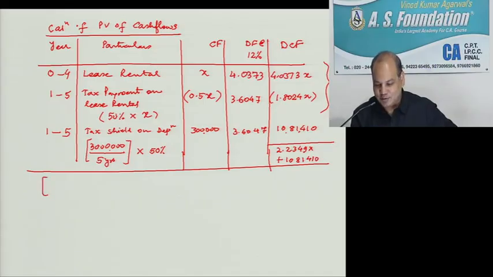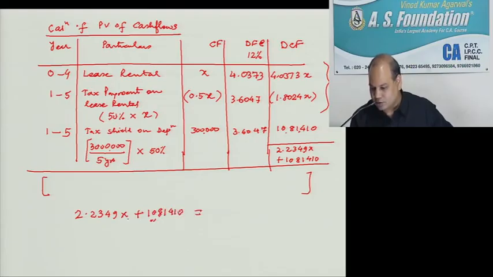Then you write one note which I have dictated in the previous question. In order to earn 12% rate of return, PV of cash inflow is equal to PV of cash outflow. Then you will write this equation.